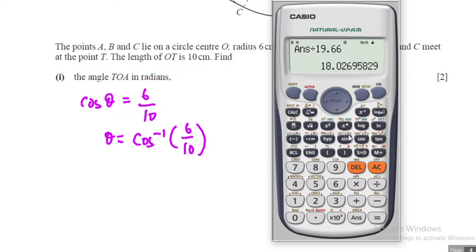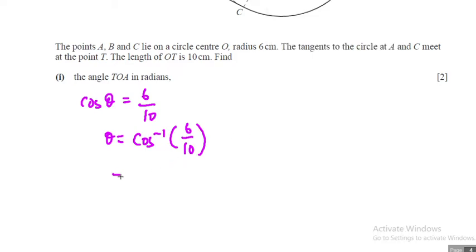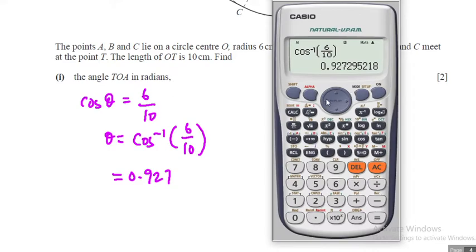So when we press inverse cos 6 over 10, okay, my calculator here is in radians. Therefore my answer here later on will be in radians. They want in radians, so I set my calculator in radian. If the question asks you to find angle TOA in degrees, then you set your calculator in degrees. Okay, so in this case radians, so I just leave it like this. When I press equal, that is the answer, which is 0.927, right? Okay, but let's say they want in degrees.